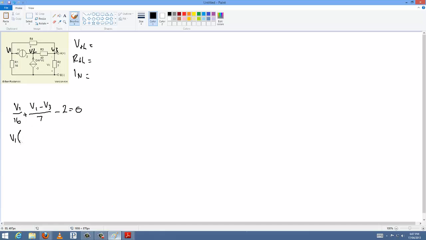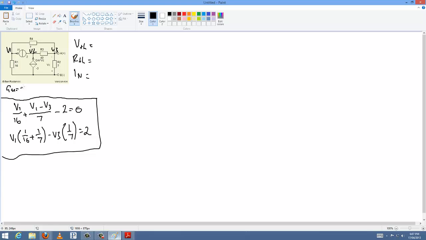Simplifying that, gathering like terms. For V2, we have, no, sorry, I've just ignored my own steps. GM equals -3, and VC is here, so it's also equal to -V3 like the last question.